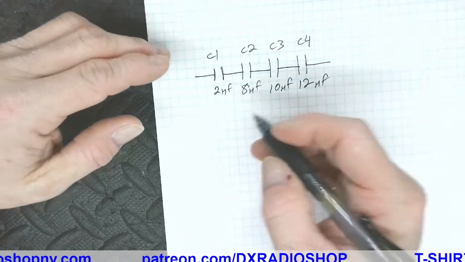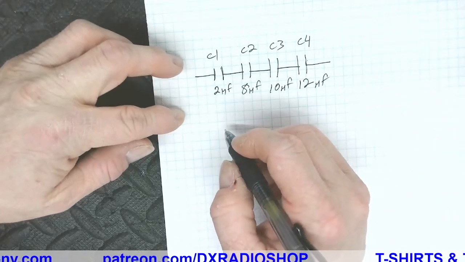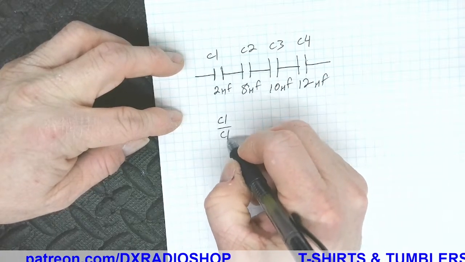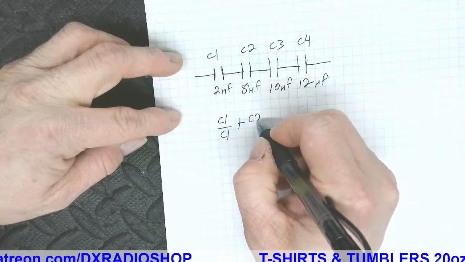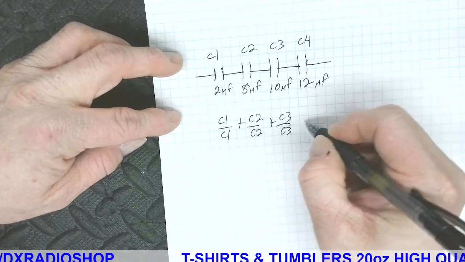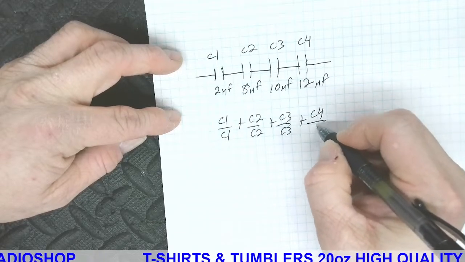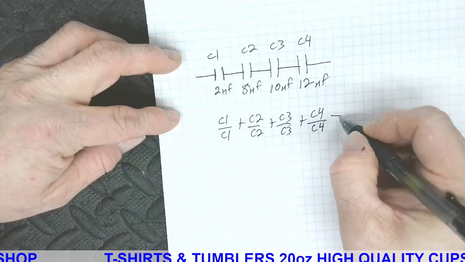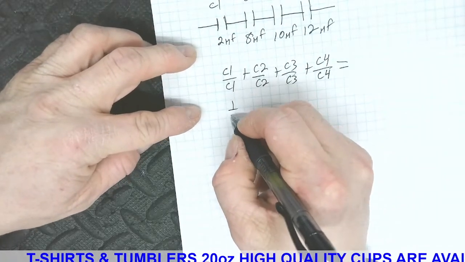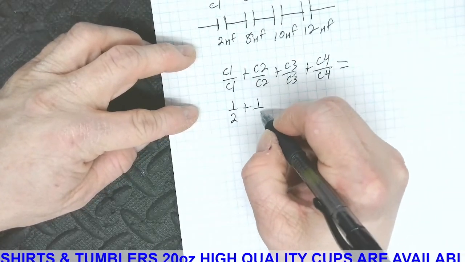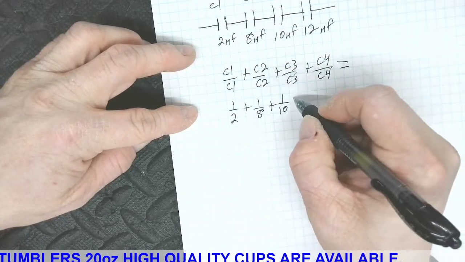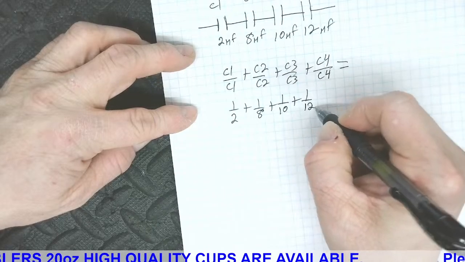Pretty much the same thing as before, like the resistance in a way. So it's going to be 1 over C1 plus 1 over C2 plus 1 over C3 plus 1 over C4 equals. In this case it's 1 over 2 plus 1 over 8 plus 1 over 10 plus 1 over 12.